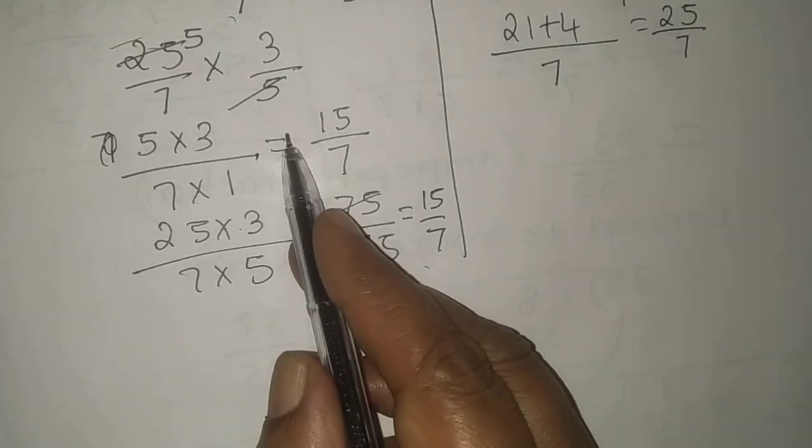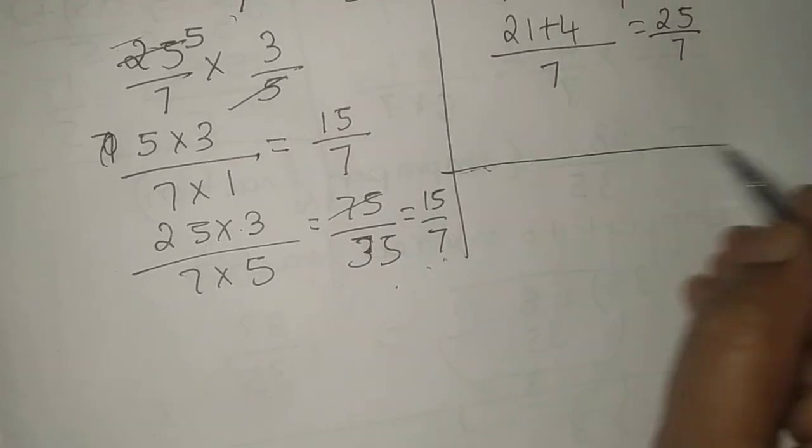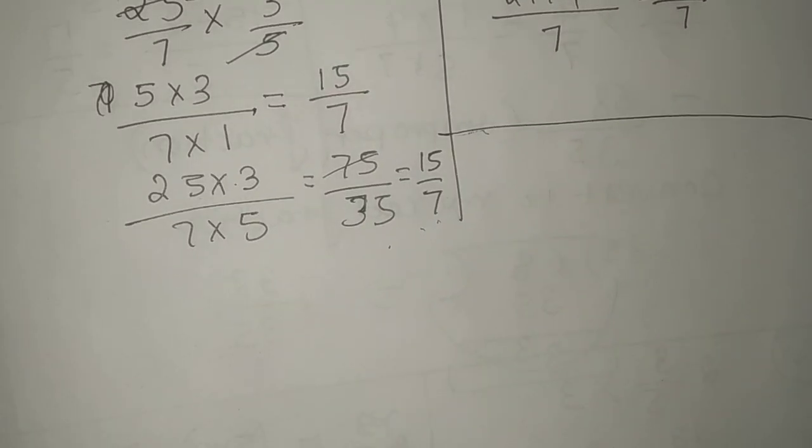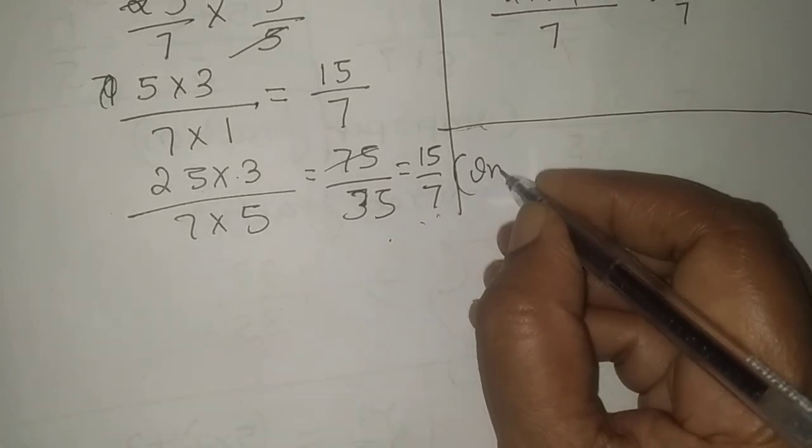Now we have to go on reducing to the lowest and make the solution very simple. This will be an improper fraction.